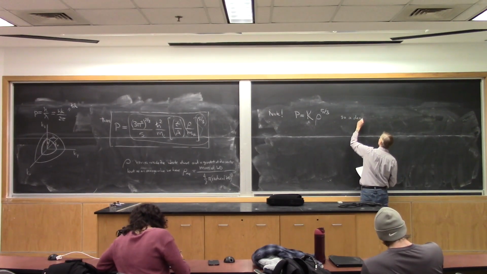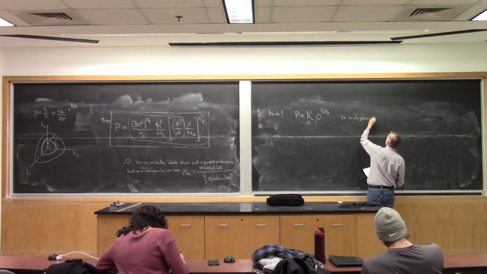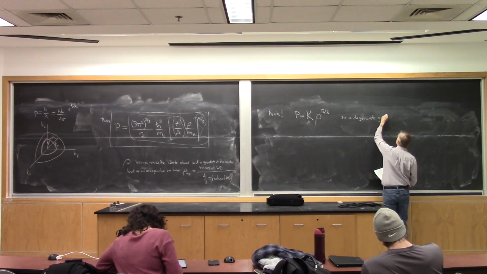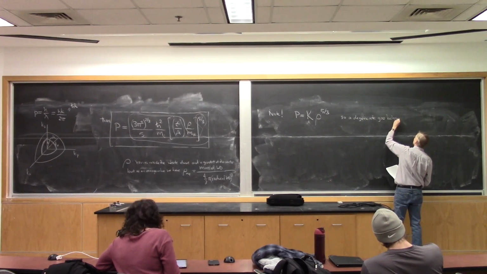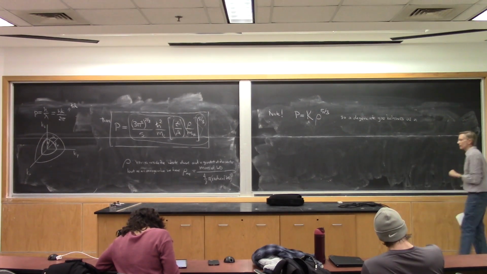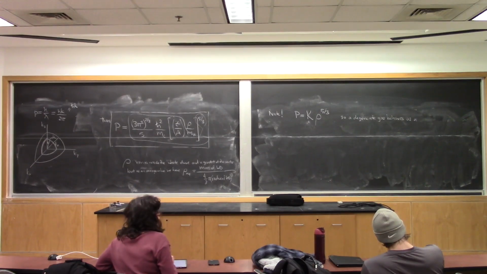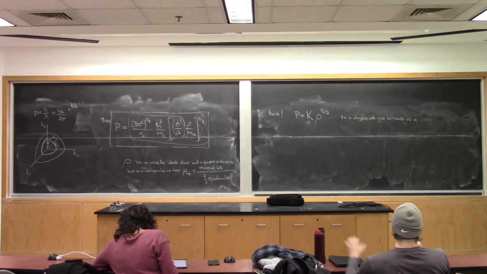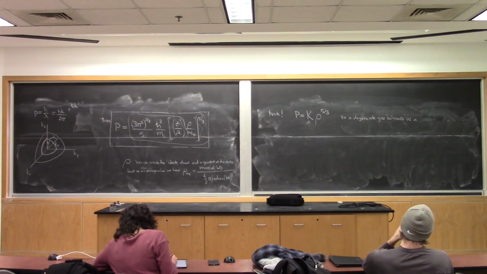So a degenerate gas behaves as a fancy word we met when we were talking about convection. We talked about an adiabatic gas being a polytrope.